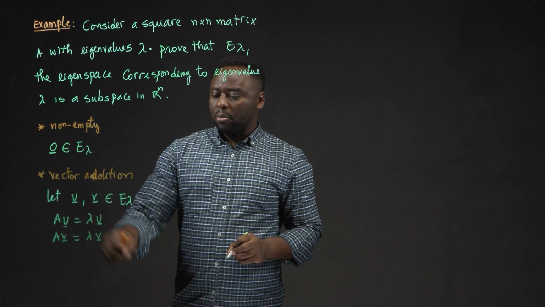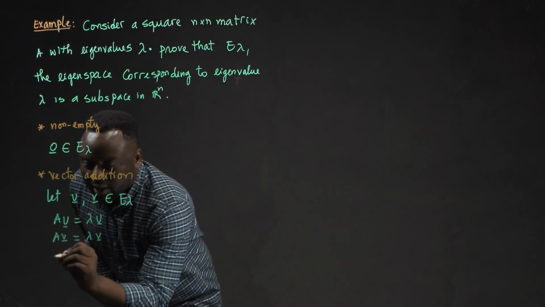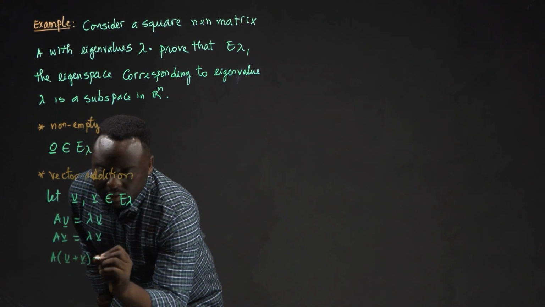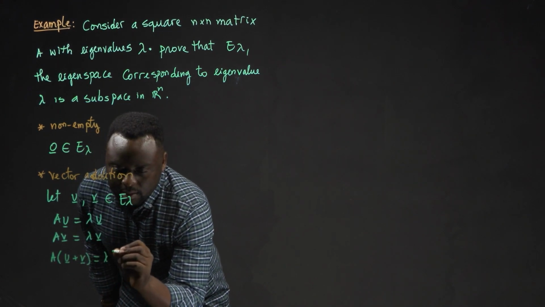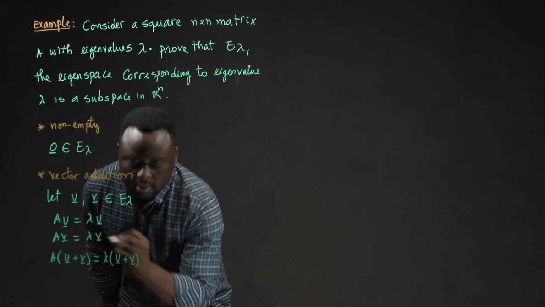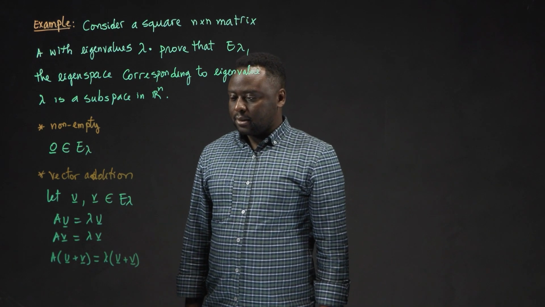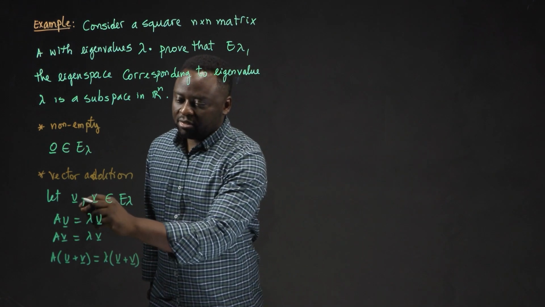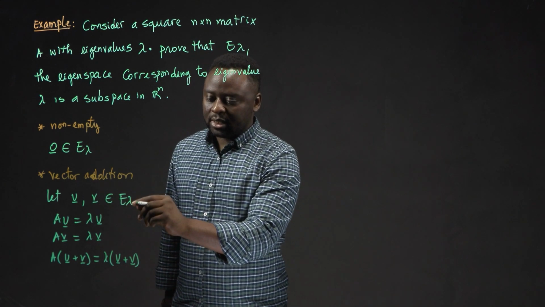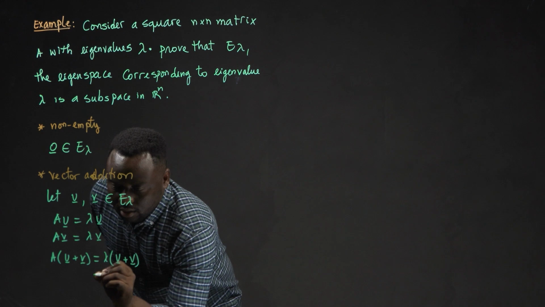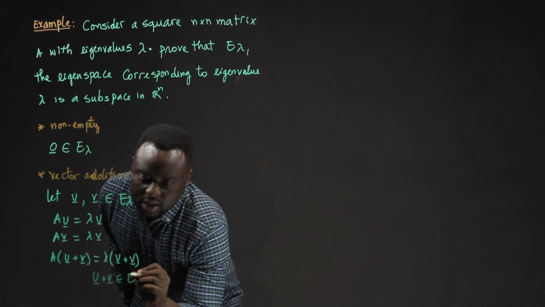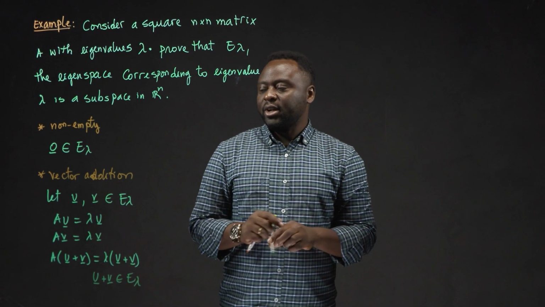If we sum up these two lines, then we have A bracket u plus v is equal to lambda bracket u plus v. Okay, then we prove that if u and v belong to this eigenspace E lambda, then u plus v also belongs to E lambda. And this is all for the vector addition.